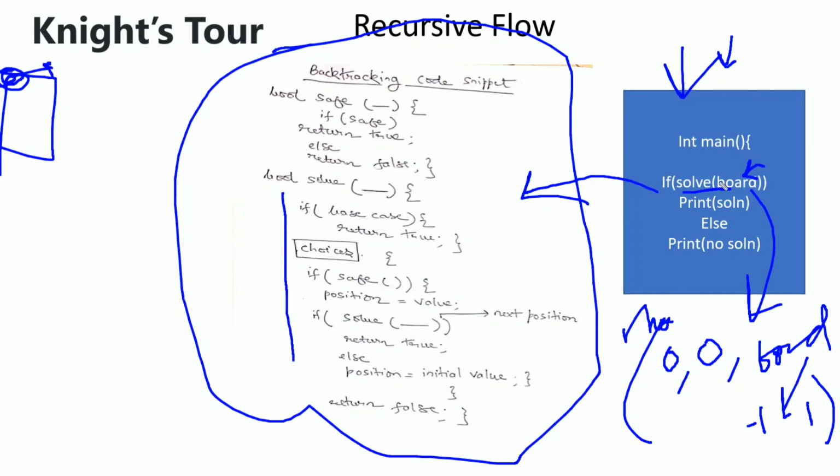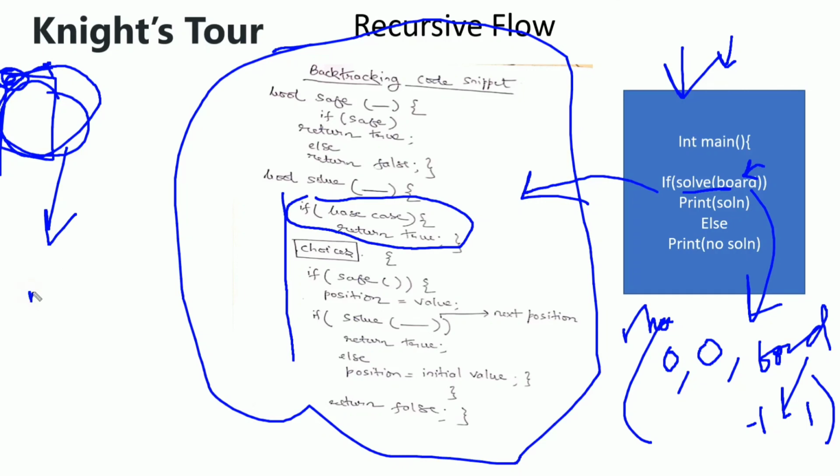As the solve function is recursive, because there are choices available, like there are 8 choices, and in each choice some decision needs to be taken by the knight. So there will be the base case. The base case is if the knight completes its path, if the move number equals the size square, then we can say that this knight has completed its movement.